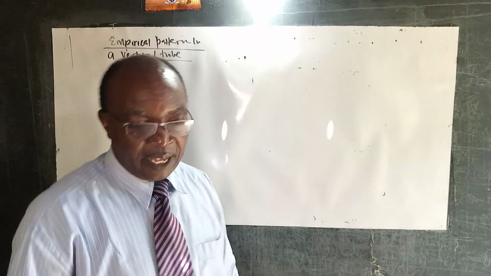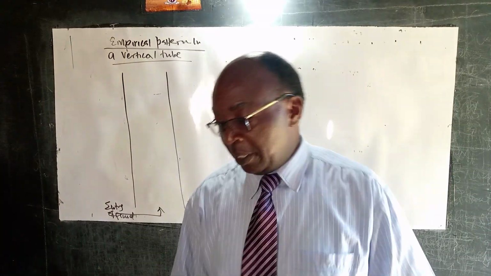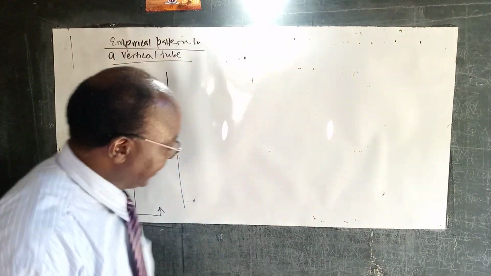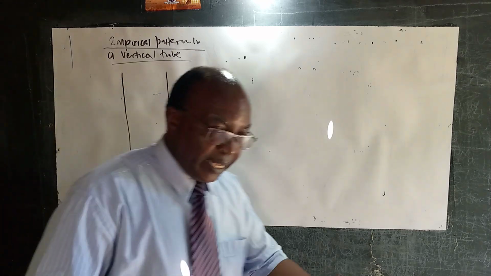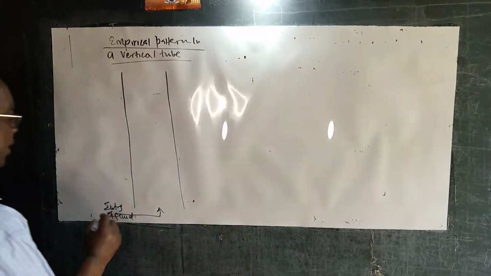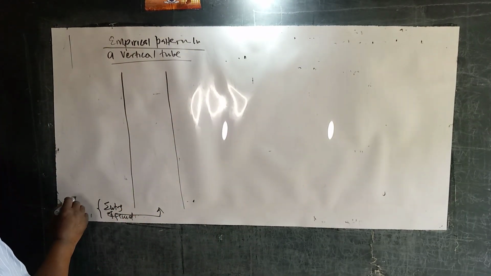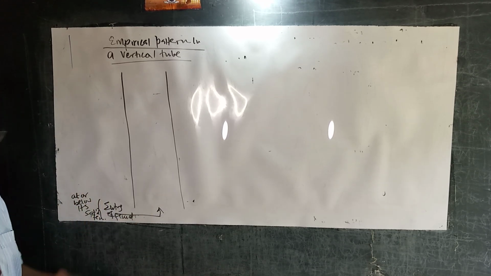In this case, when I'm talking of fluid, I mean both vapor and liquid. But in this particular case, at this entry point, we are talking of the liquid, which we said can be at or below its saturation temperature.